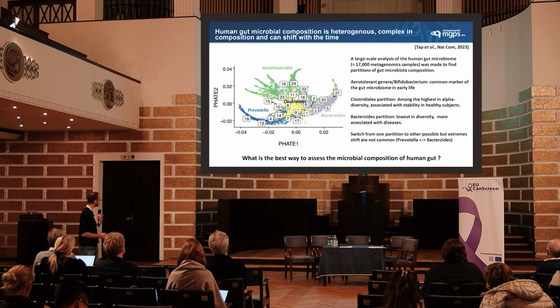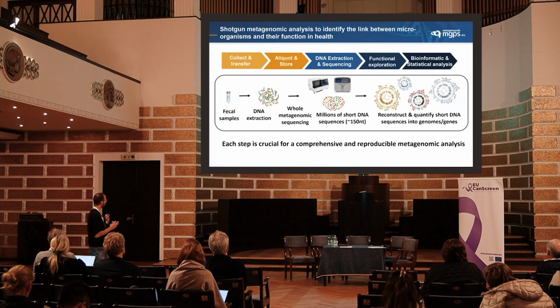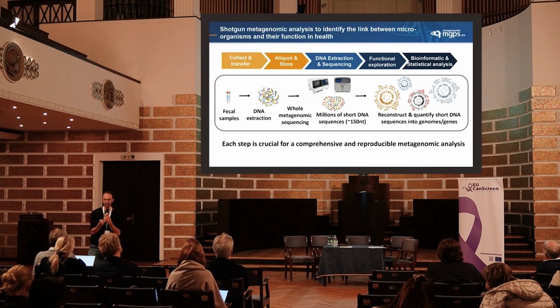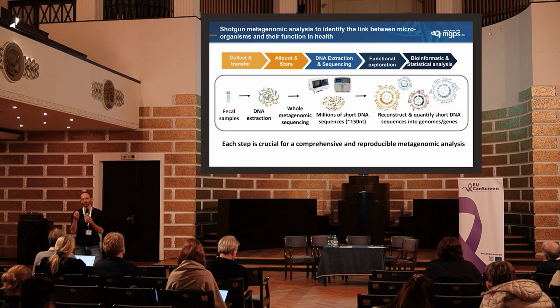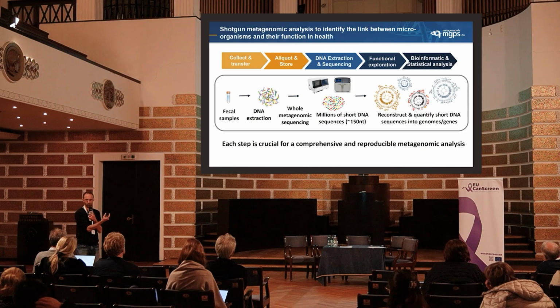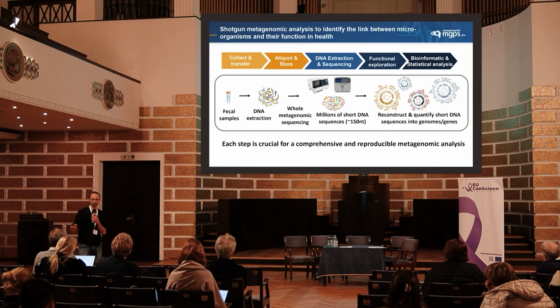What I'm going to talk about is mostly metagenomic analysis, so DNA in the sample. This is a technique focusing on purifying the DNA from a fecal sample. From this purified DNA that we extract, we sequence all the molecules that we can find randomly, and then at the end we have short fragments of DNA that we try to assign to species that we know and functions that we know.